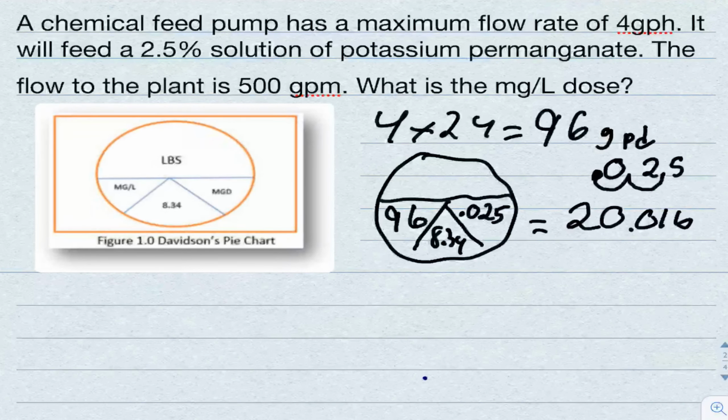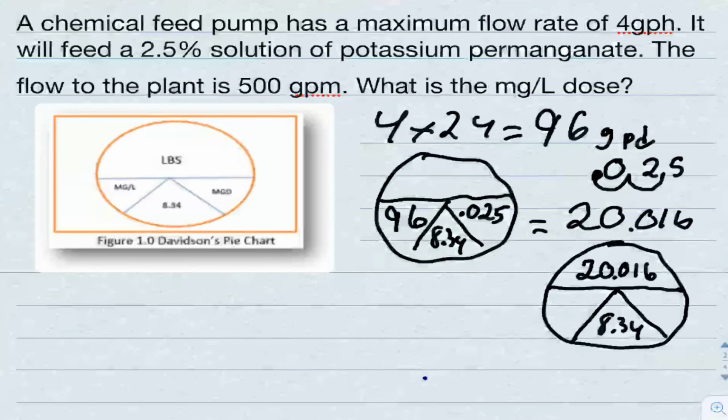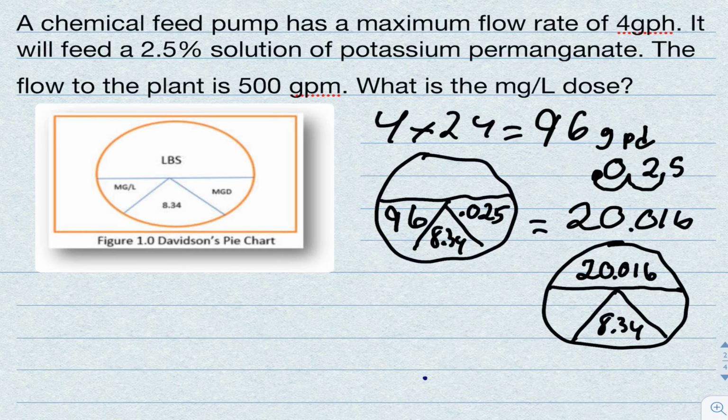Now that we know our pounds, we can implement that into our next pie chart. At 8.34. Now let's put our pounds up here. Okay. Now the next thing to look at is our 500 gallons per minute right here.